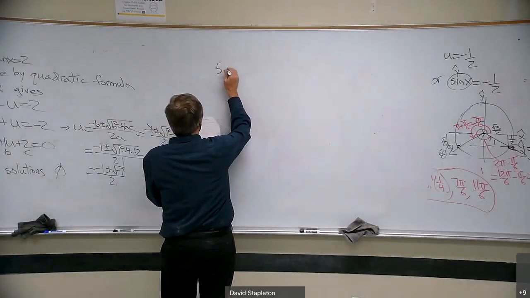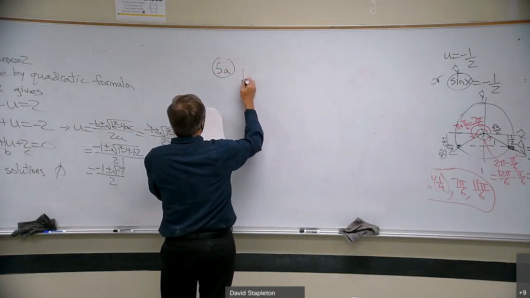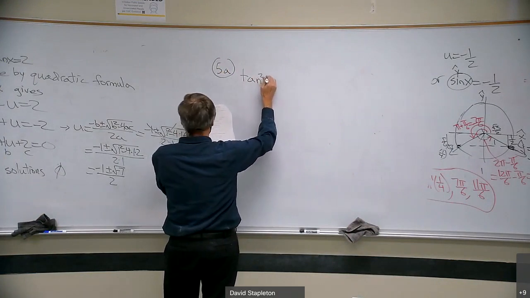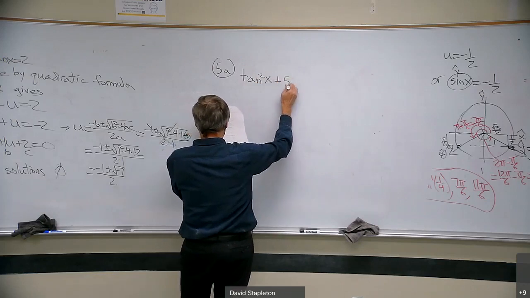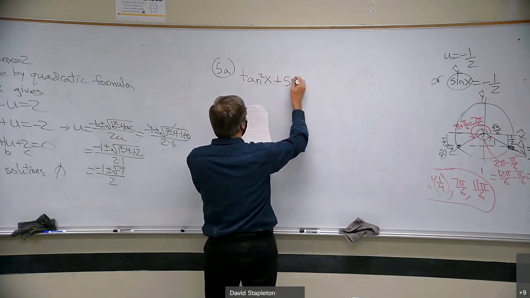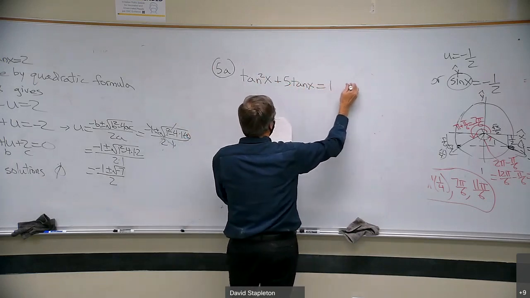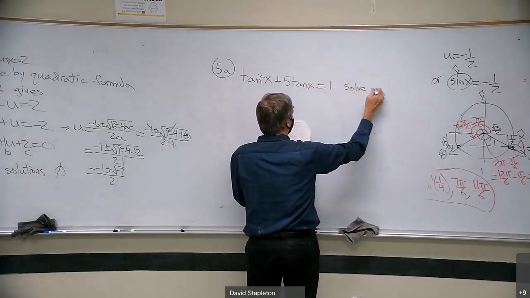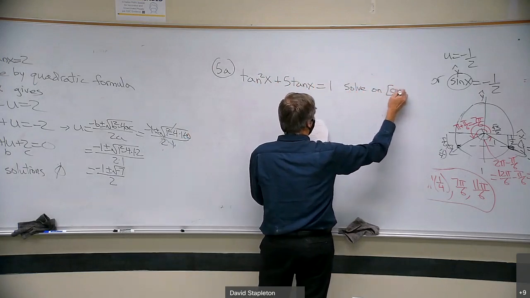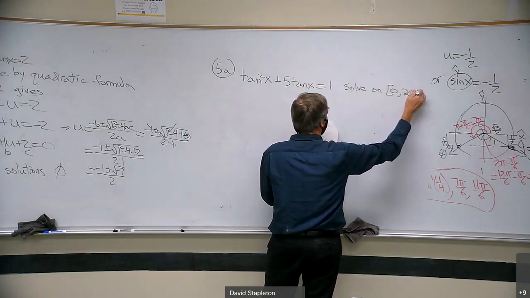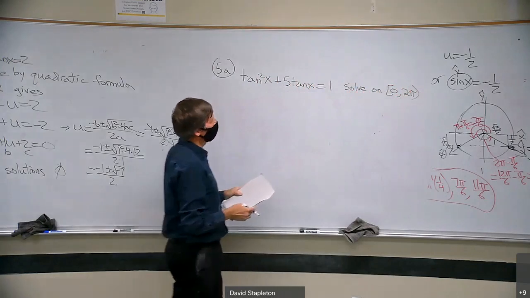This is 5a. If I take tangent squared x plus 5 tangent x equals 1, solve, again, on 0 to 2 pi, that is x in radians between 0 and 2 pi, not including 2 pi.